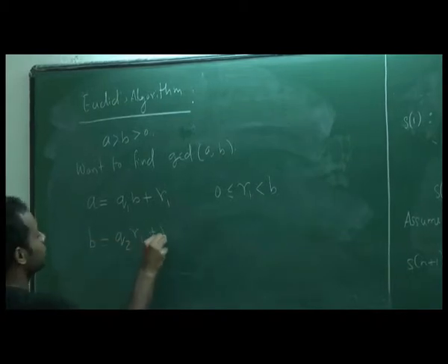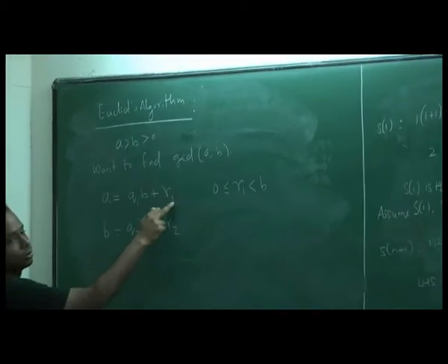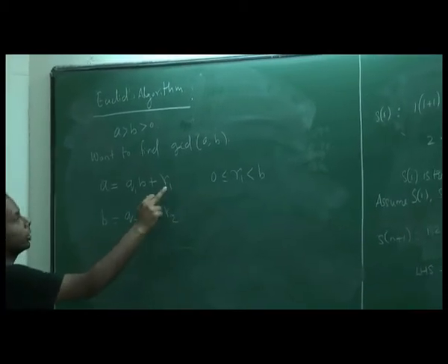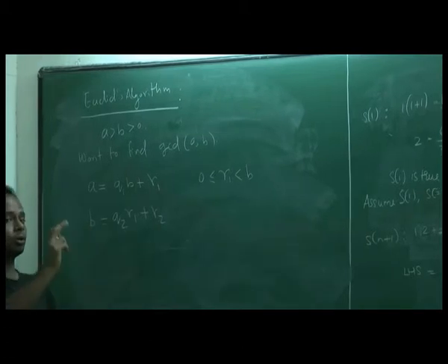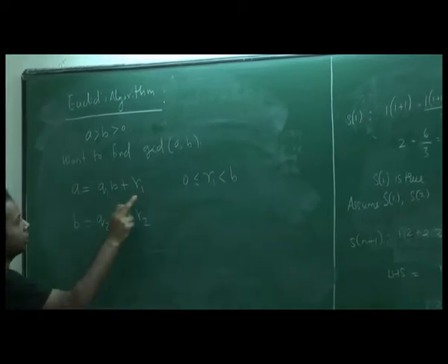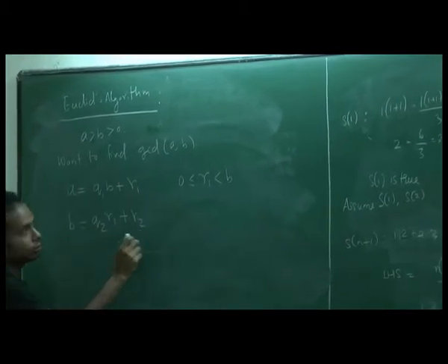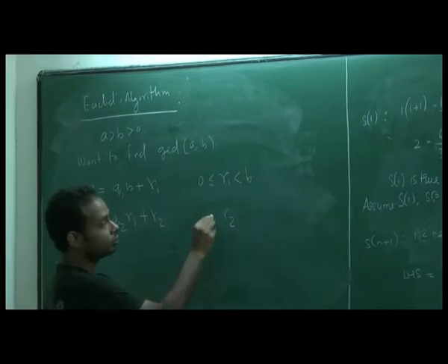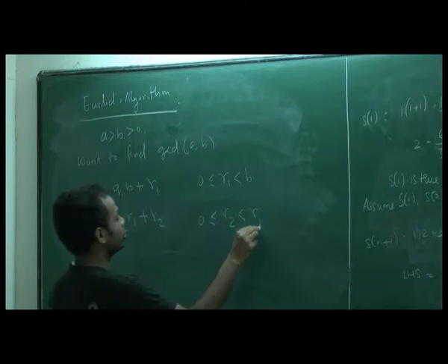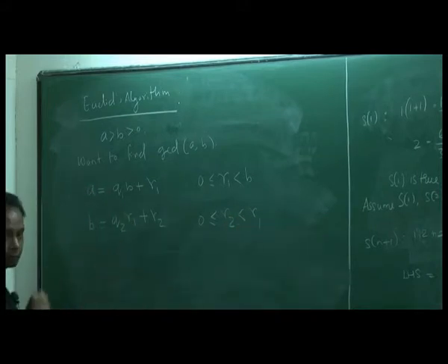Then you take the new remainder and the smaller one from the previous step, B and R1. So B equals Q2 R1 plus R2. What's the condition on R2? Less than R1.